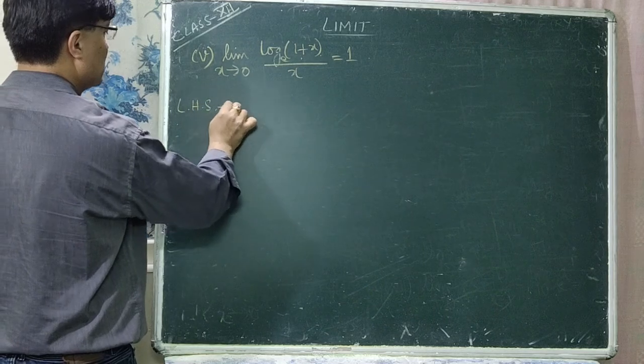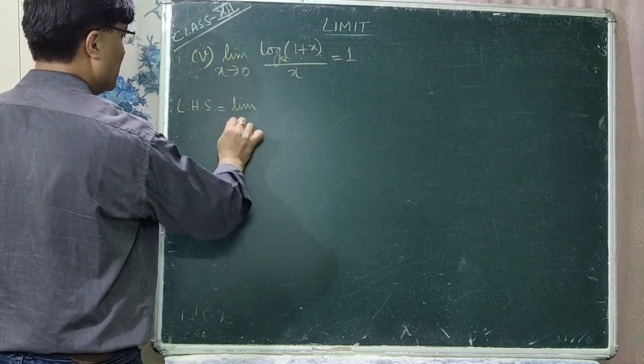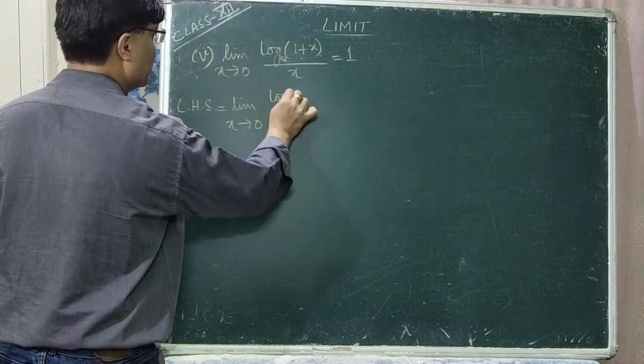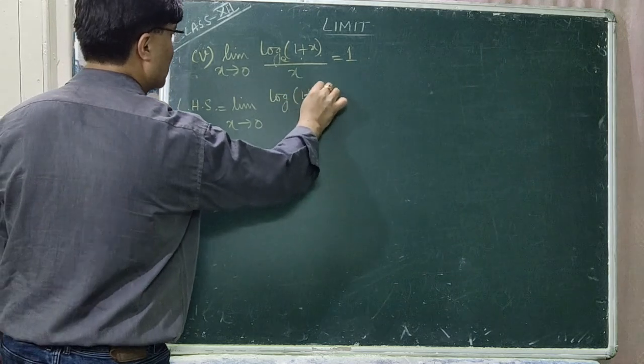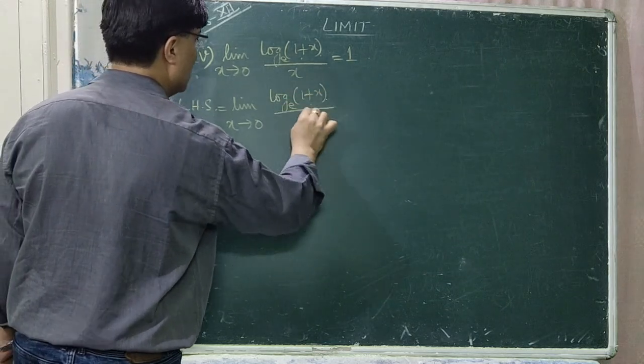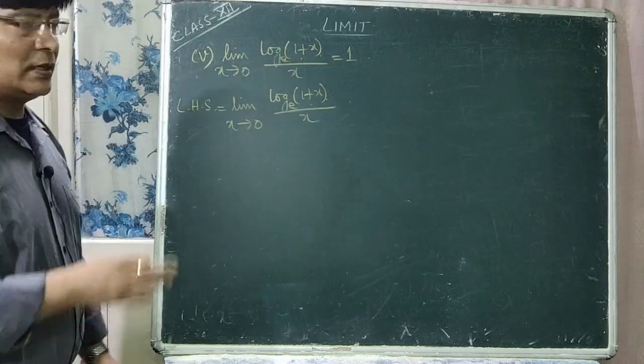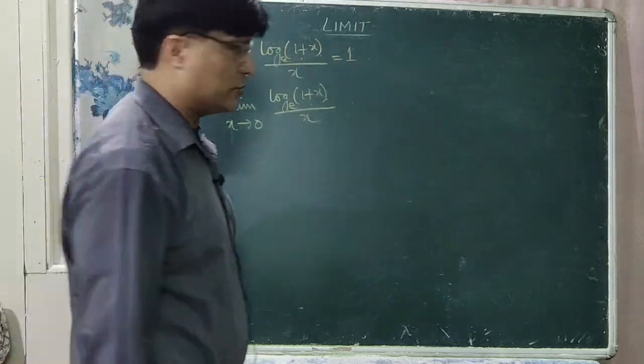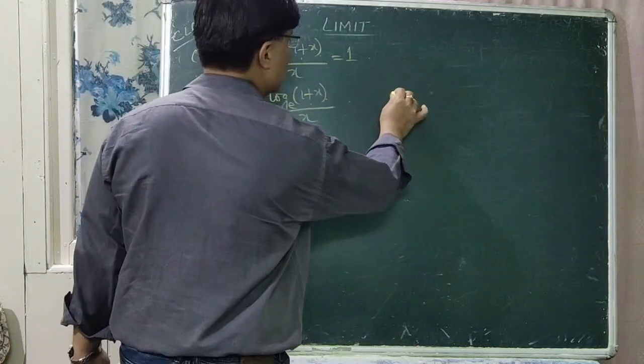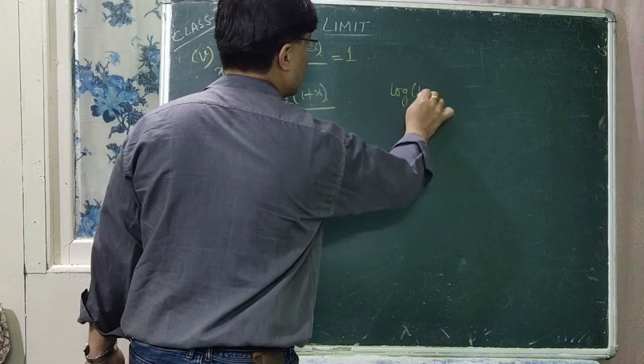So LHS is equal to limit x tends to 0 log of 1 plus x base e whole divided by x. Now this is your logarithmic series. So this logarithmic series is also an infinite series.